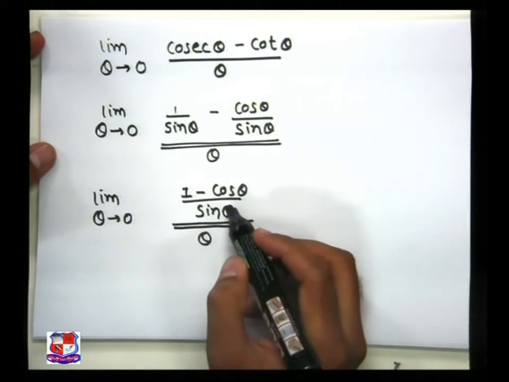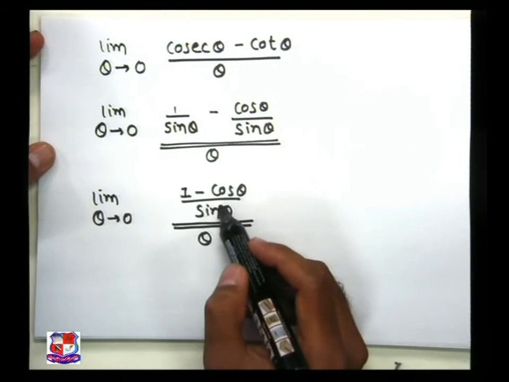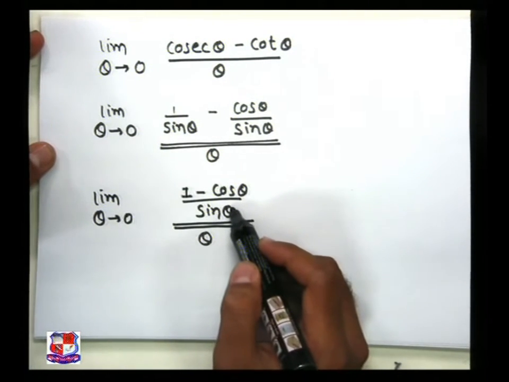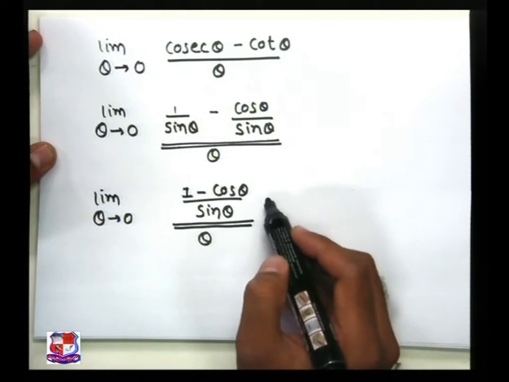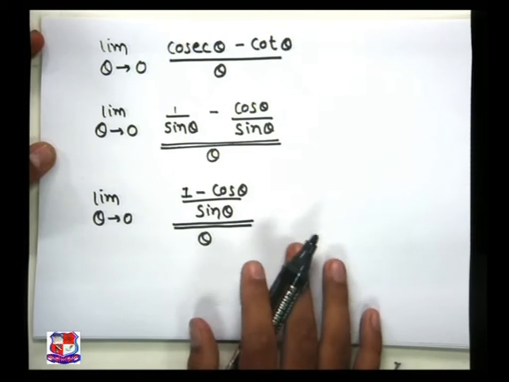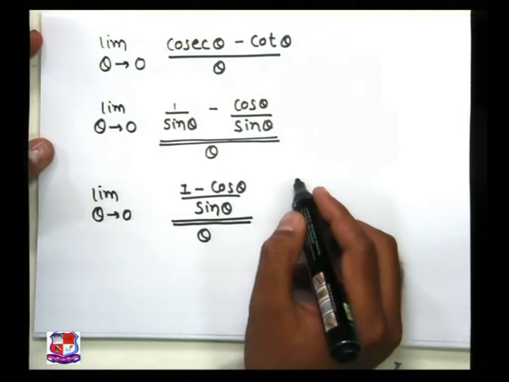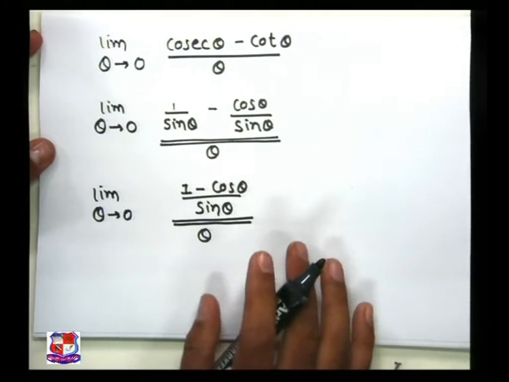Based on our previous sum, whenever we have 1 minus cos theta upon sin theta, we can use a rationalization factor, that is 1 plus cos theta.